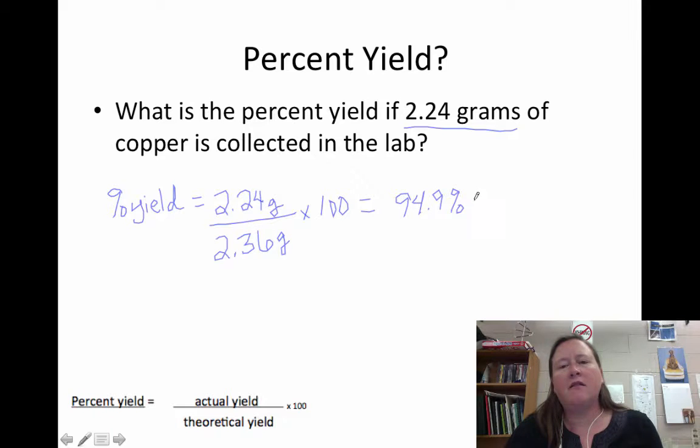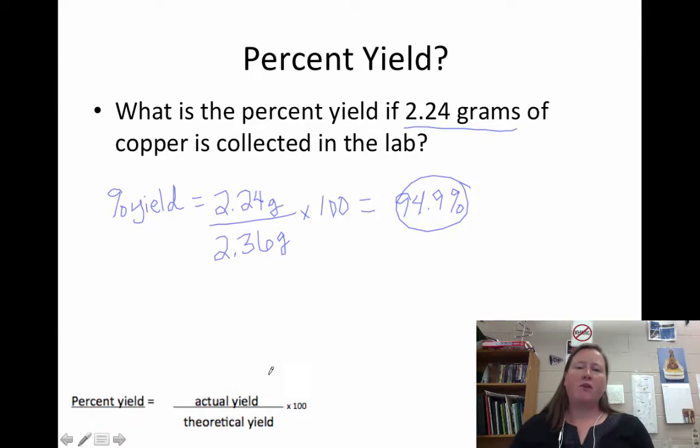That is a pretty high yield. It's close to 100, and it shows that little was lost, and also that the reaction went to near completion.